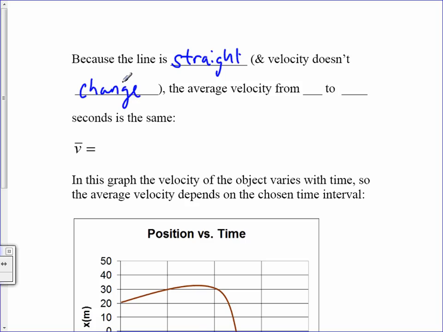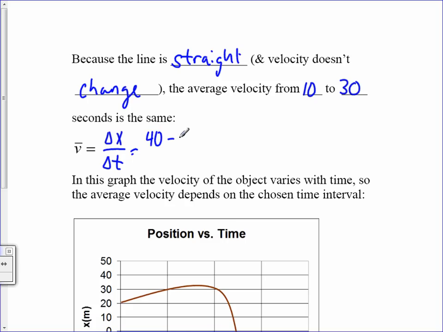And in that case, the average velocity, say, for example, from 10 to 30 seconds, is the same. So if I were to calculate this, just taking a different time interval, instead of from 0 to 30, I'd take from 10 to 30. Delta x over delta t. Let's see, that's going to be 40 minus 0.